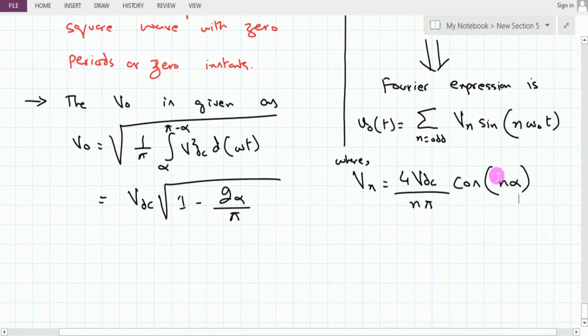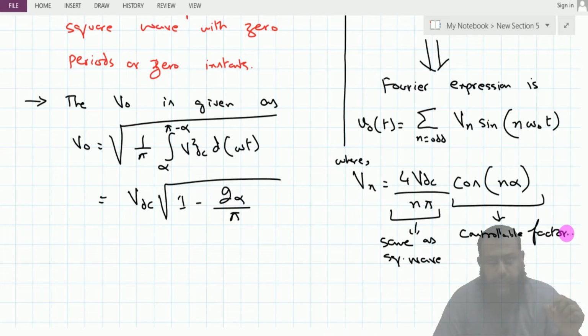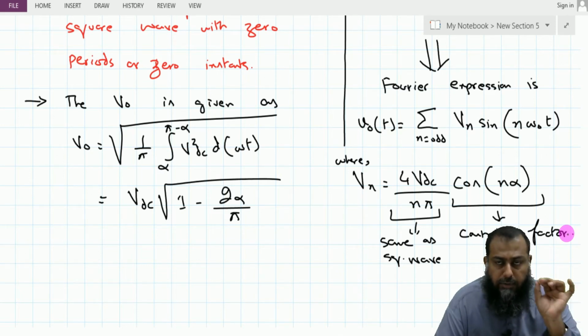This 4 VDC over n pi is the same as that of a square wave inverter output. This cosine n alpha is the controllable factor, right? Because the switching scheme is in the control of the design engineer, the specification of alpha can target any desired harmonic content.